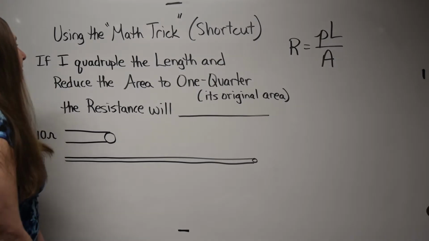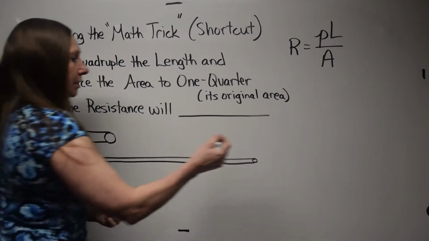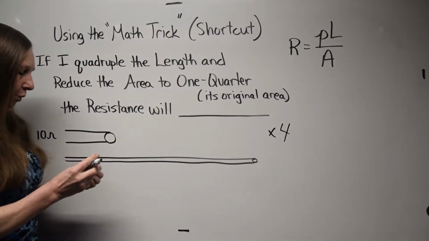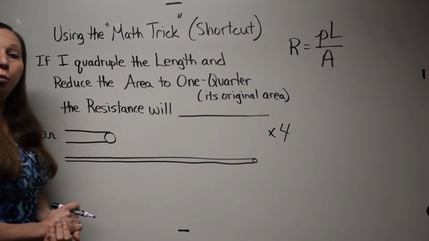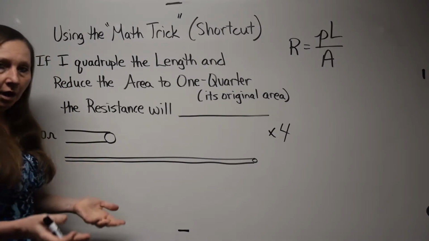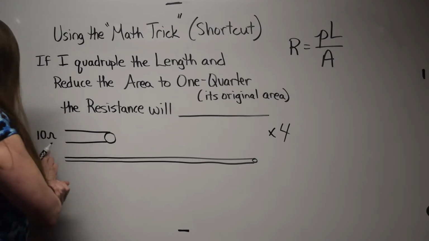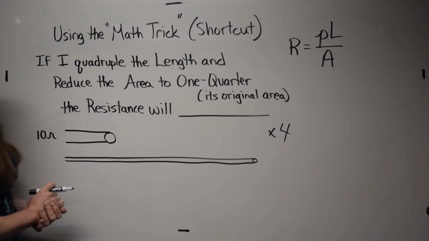Another more difficult problem, right? What happens if I quadruple the length? Quadruple means multiply by 4, right? What if I quadruple the length and reduce the area to 1/4 of its original value? What's going to happen to the resistance? Well, here we have a piece of wire, right? Here's the length, here's the area, the cross-sectional area.